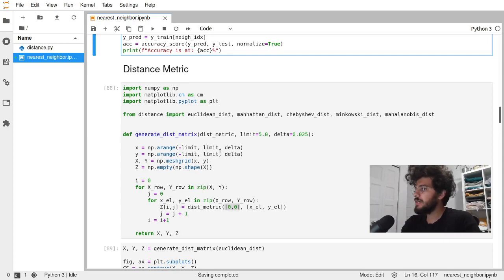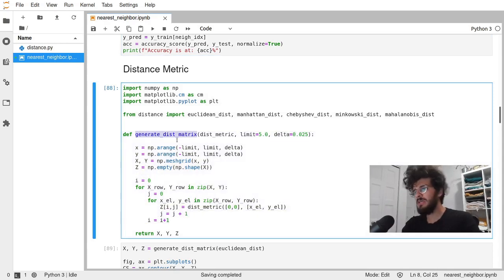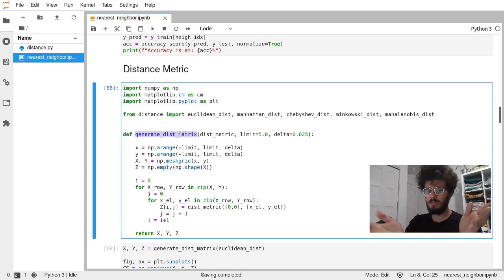So let's check out the code that I'm using for visualizing them. The first thing I'm doing here is generating a distance matrix. It doesn't matter too much what I'm doing here, but I'm creating a grid and then taking the value of each of these points with the origin of this grid, which is in the middle of the whole thing.